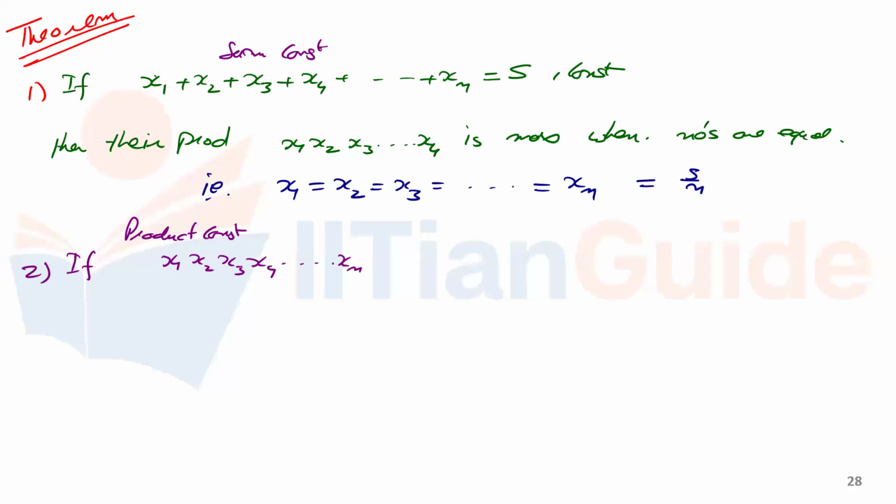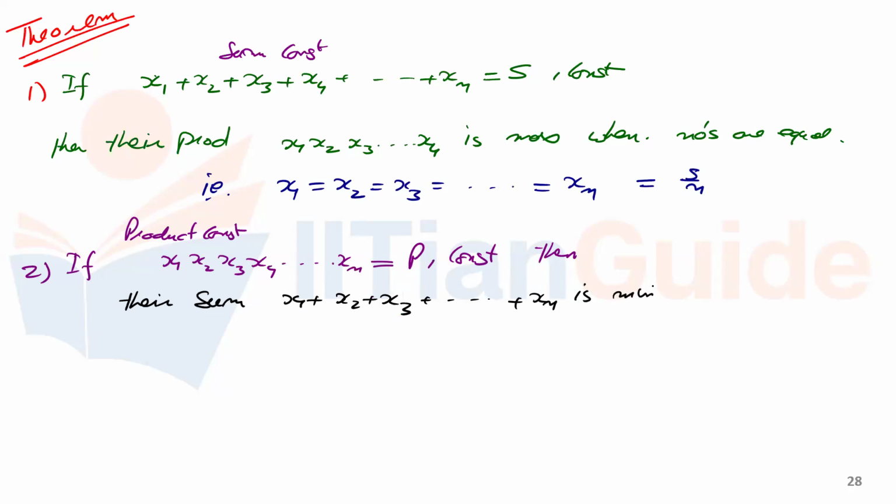If the product is constant, that is p, then their sum, x1 plus x2 plus x3 up to xn, is minimum when numbers are equal. Okay, got it?